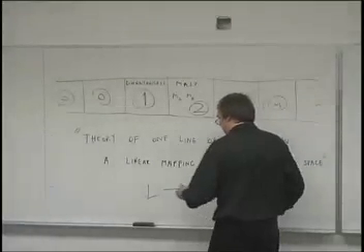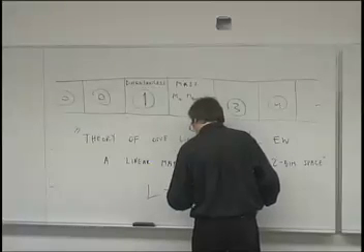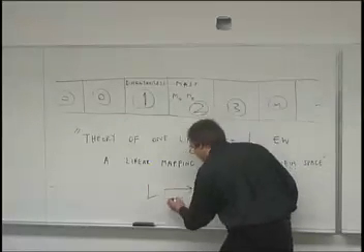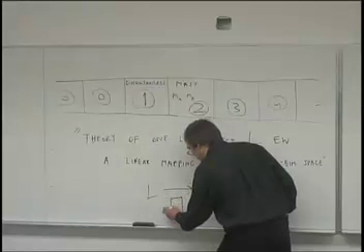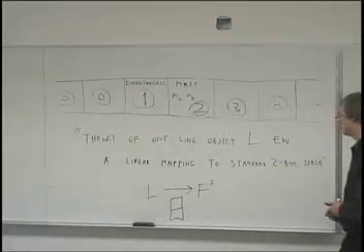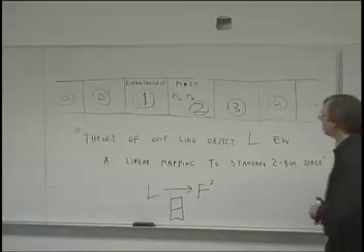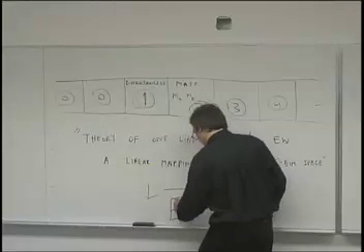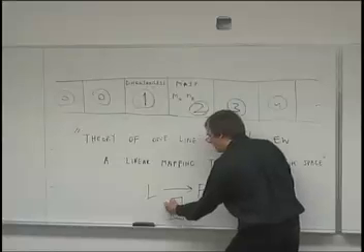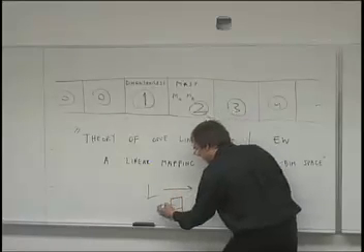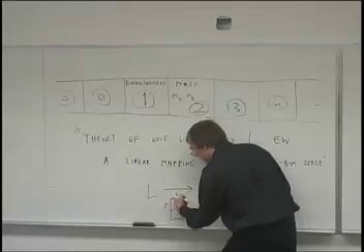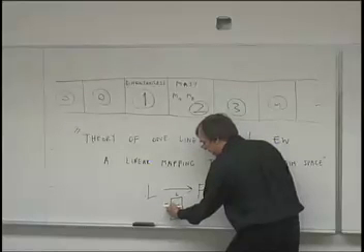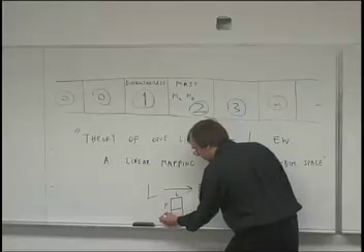So you've got a linear operator going from here to here. So this is sort of like a little 1x2 matrix. Right? I mean, you have a linear map from L to F, and another one from L to F.